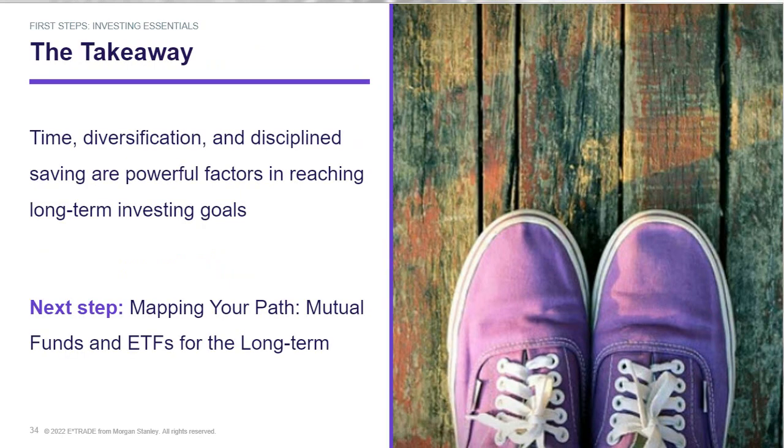So my takeaway: time, diversification, and disciplined savings all go together to create the powerful factors for you to reach your goals. We haven't talked about what you invest in yet. That's coming up next. We're going to start to explore, looking at the E-Trade website, talking about some of the tools for mutual funds and exchange-traded funds, the appropriate slices for the pie that you're baking.